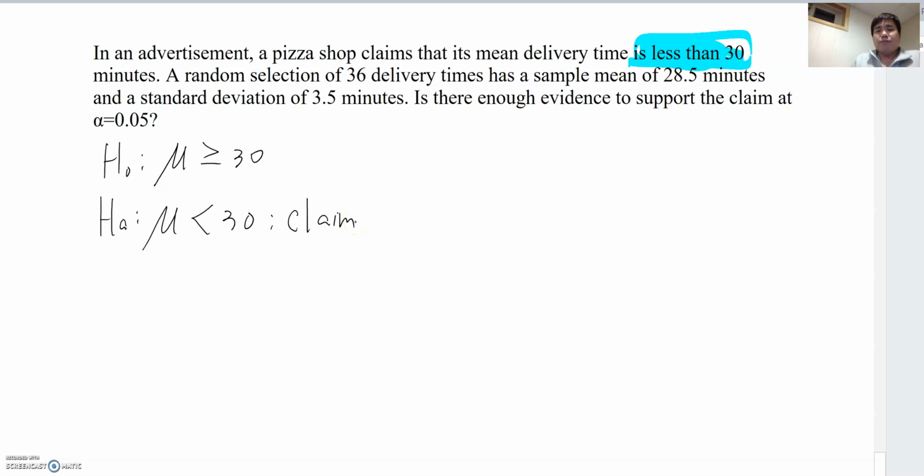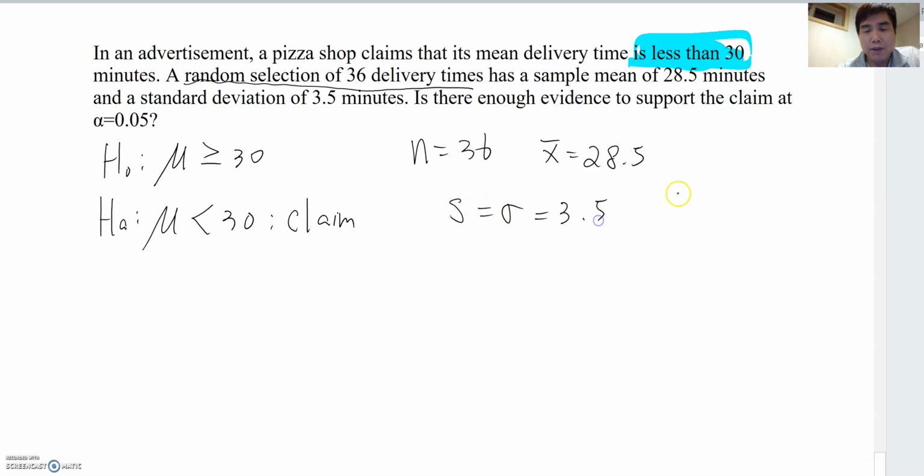Now I'm going to collect all the known data. n equals 36 because of the random selection of 36 delivery times, the sample mean is 28.5, and the standard deviation s equals 3.5, and given alpha equals 0.05.